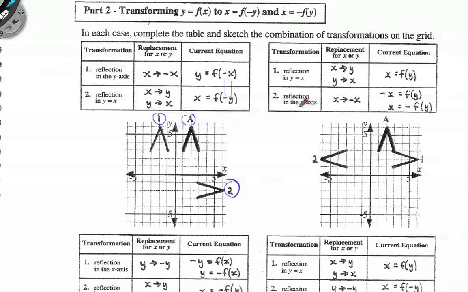If you reflect in the y, the x's become negative. X changes sign, so here our x is going to change sign. This stays the same. You can bring the negative over to the other side. If you multiply both sides by negative 1, you'll get this. And again, this is the original. Reflection changes to this one, followed by a reflection in the y going over here.